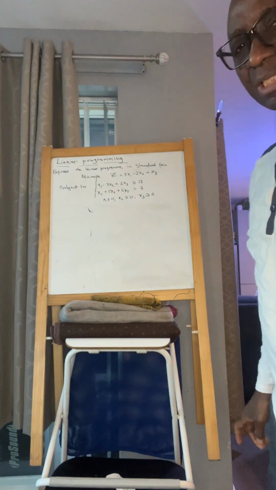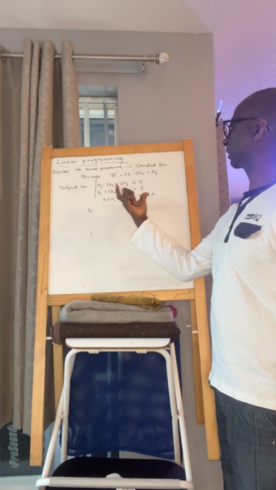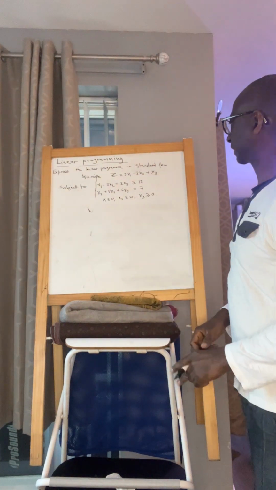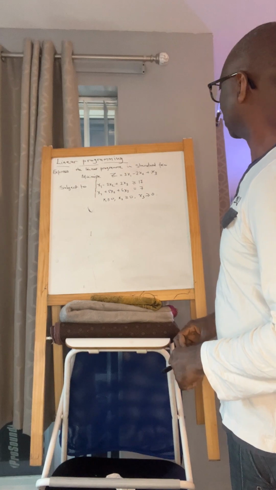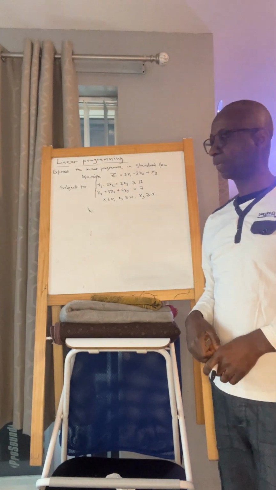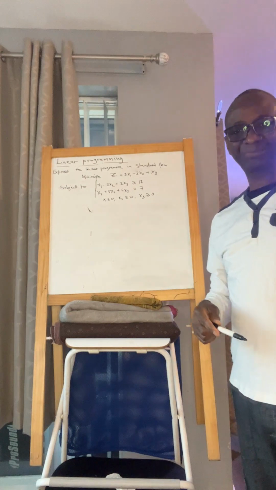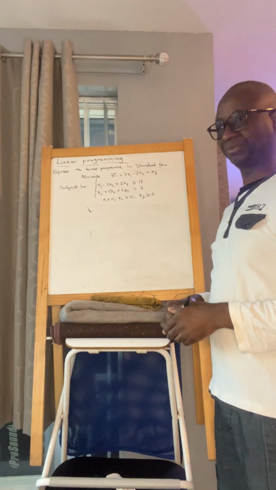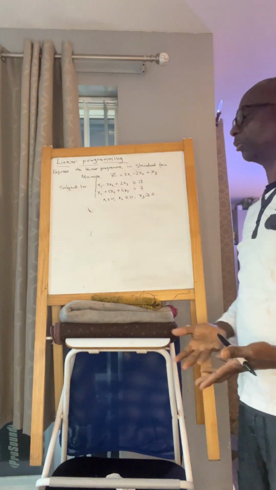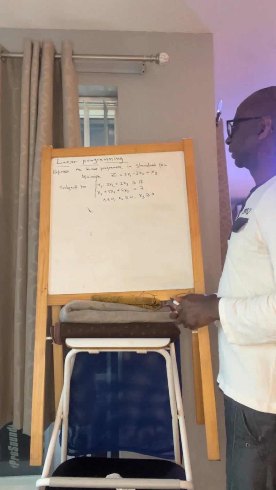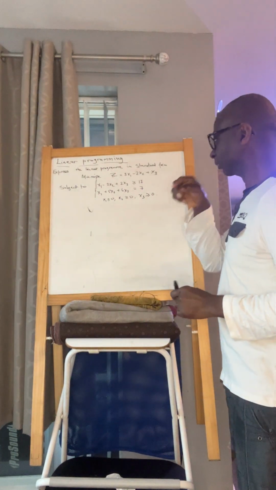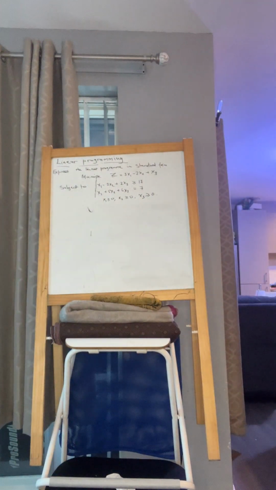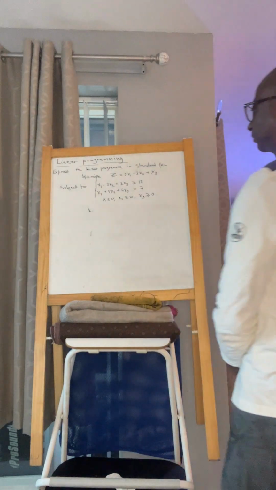But first and foremost, we need to express these equations in a standard form. As you see them at the moment, they are not in a standard form. Why? Because they ask us to minimize. In linear programming, we try to optimize. We try to increase, make more profits, not to bring in loss to the company. So, what is our first step in trying to maximize these functions?